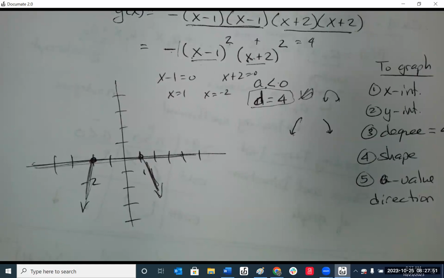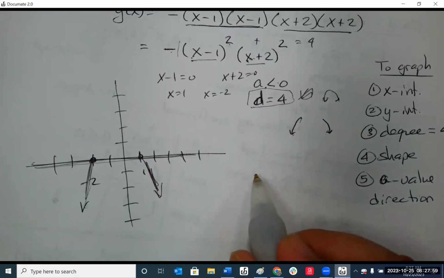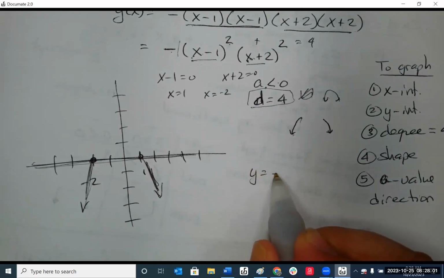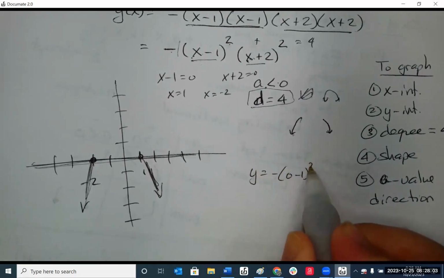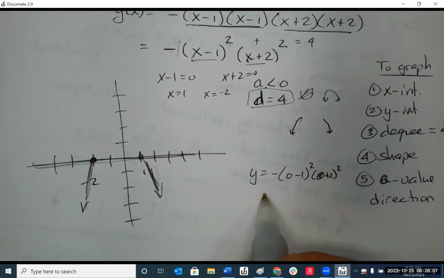What's our y-intercept? We have to make x 0. So we have negative (0 minus 1) squared times (0 plus 2) squared. So work that out.